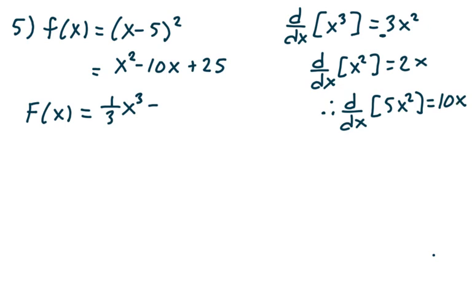So the function whose derivative is 10x will be 5x squared. And then remember that the derivative of x is 1. So the derivative of 25 times x is 25. So I'm going to write a 25x here, and then just add c. That's example 5.